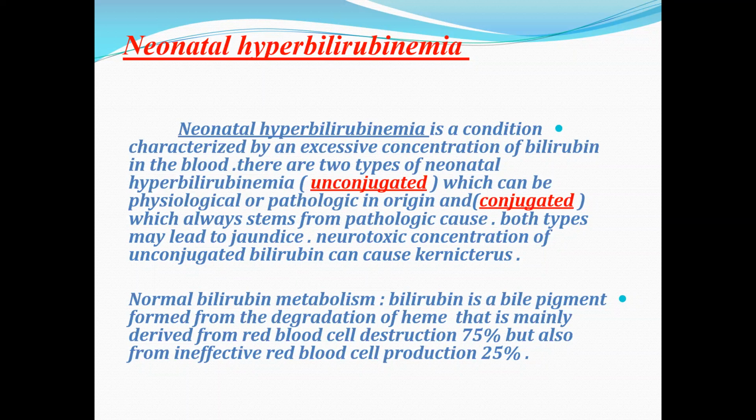As we say, bilirubin results from destruction of hemoglobin by an enzyme called heme oxygenase, which converts hemoglobin to biliverdin.